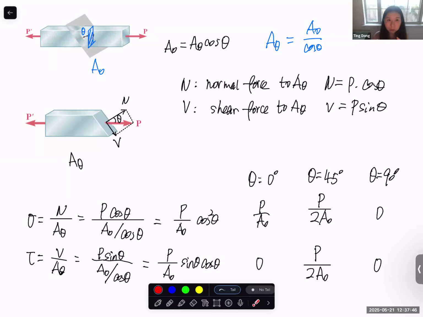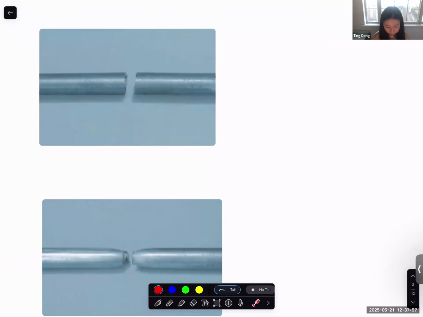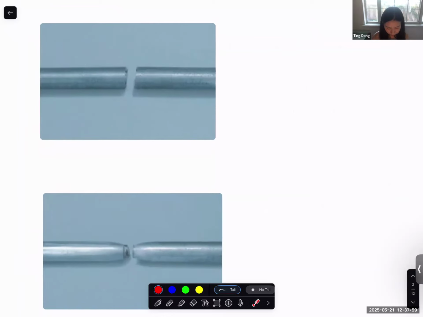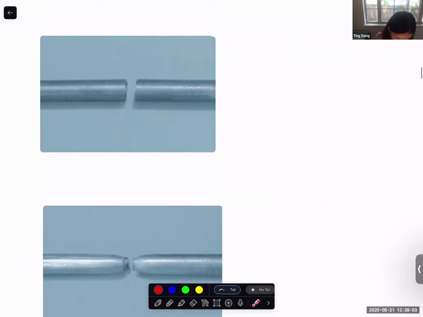So now why do we do this? Because a lot of times we want to understand why certain things happen in that way. So let's say probably some of you have seen this kind of tensile test before. This is the simplest test for mechanics of materials.